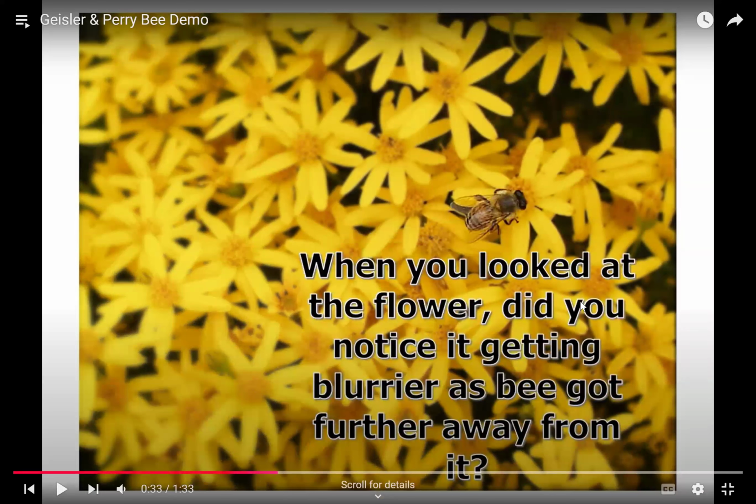So what is this showing? This is showing that as you were watching the bee, you were getting farther and farther from this flower. And the experimenter knew this, right? Because they asked you to follow the bee. So they were making the flower blurrier and blurrier depending on how distant you were from it, and you wouldn't notice it, right? And that's the experiment: you don't know that you're not getting all the information in the periphery.